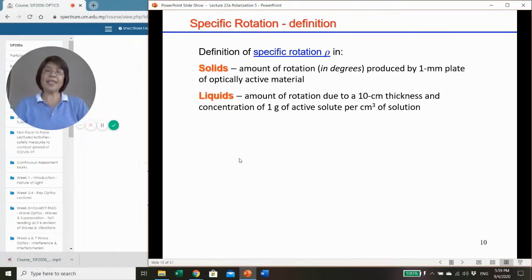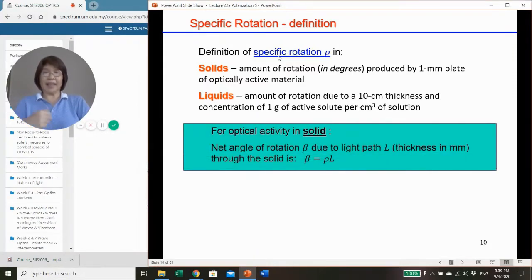Here we define some terms called specific rotation. For solids, it is defined as the amount of rotation in degrees produced by 1 mm thickness of this material. If it's a liquid, then it will be the amount of rotation due to 10 cm, which is about this wide thickness, and the liquid must have a concentration of 1 gram of active solute per cm cubed of solution.